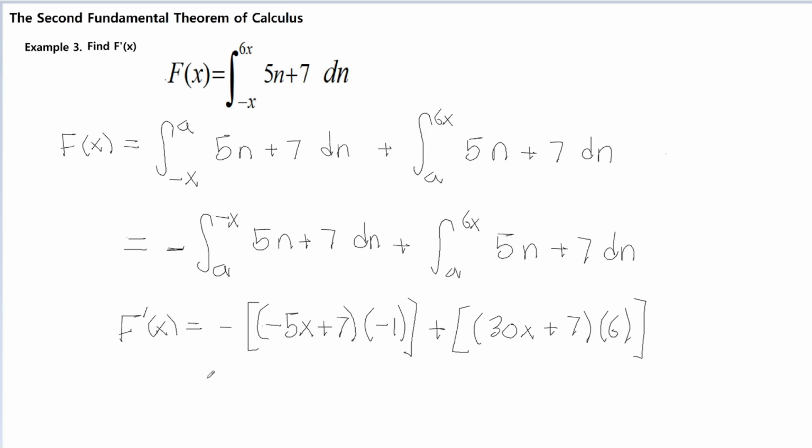Now, if you simplify these equations, your final answer will come out to be f prime of x equals 175x plus 49.